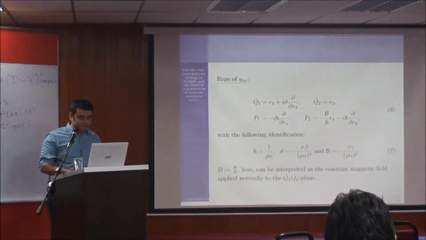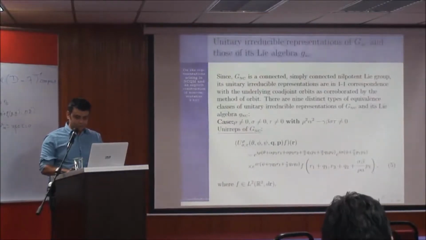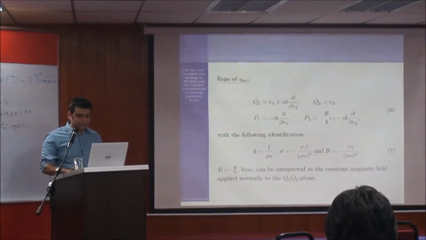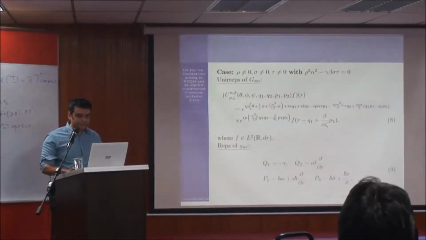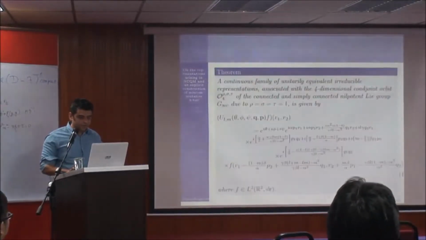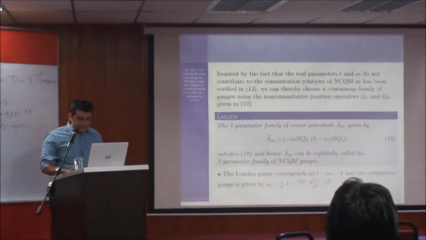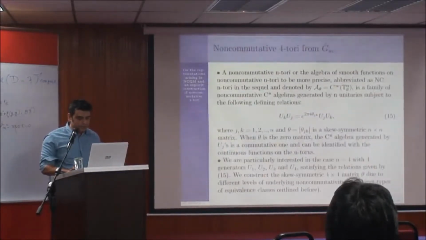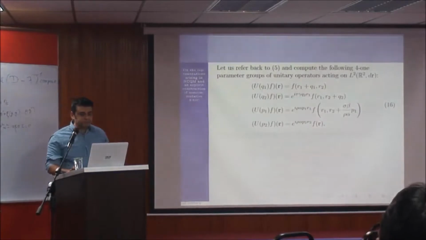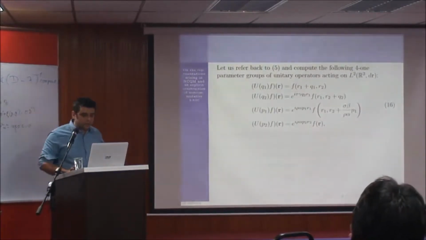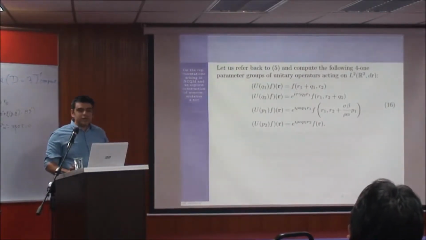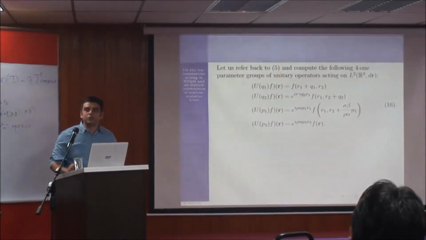Okay. These unitary operators, number 5. I didn't mention the other families of unitary operators here though. So let's see how it looks. These are one-parameter groups of unitary operators that you obtain from the unitary irreducible representation of the group GNC.